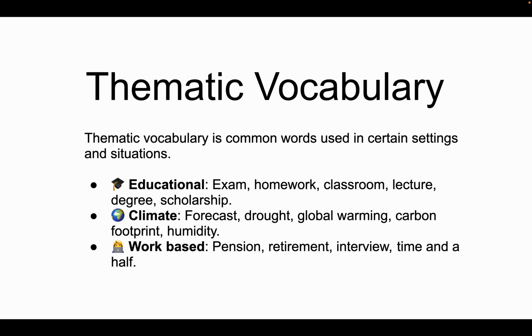I really recommend looking into any of these words. I'm not going to be going too in detail with any of the meanings of these words. These are just some examples. So if you want to look them up in a dictionary, I really recommend that because it could help solidify your vocabulary for more situations.